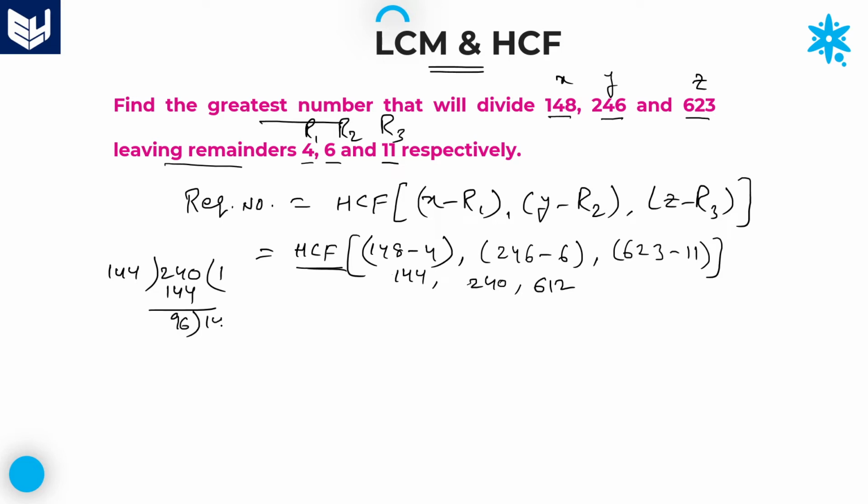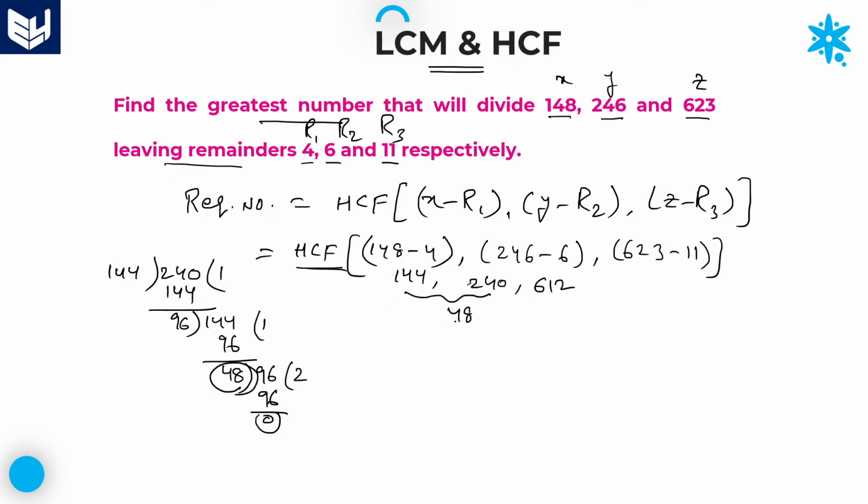Next, divide 144 with 96 one time only, and the remainder is 48. Again divide 96 with 48. 48 twos are 96, remainder is 0. Therefore, the HCF of the first two numbers is 48.